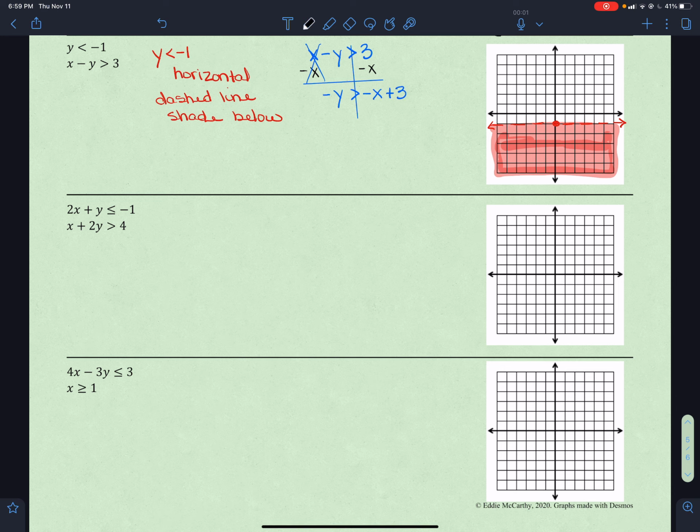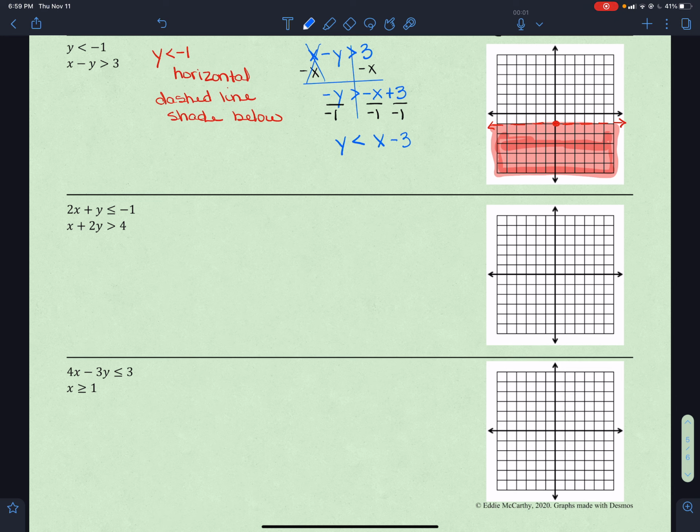Okay, I'm going to divide every term by -1 so I can remove that negative from the y, and that y can be positive. So then we've got y is now less than positive x minus 3. Okay.